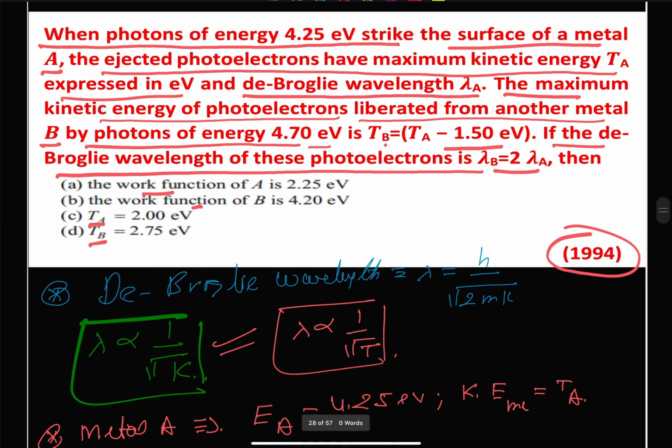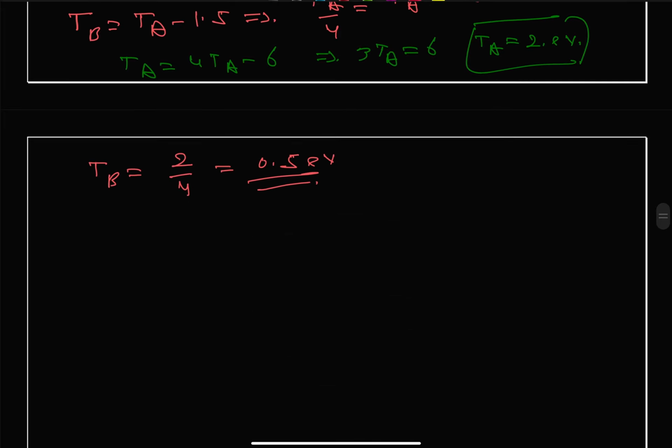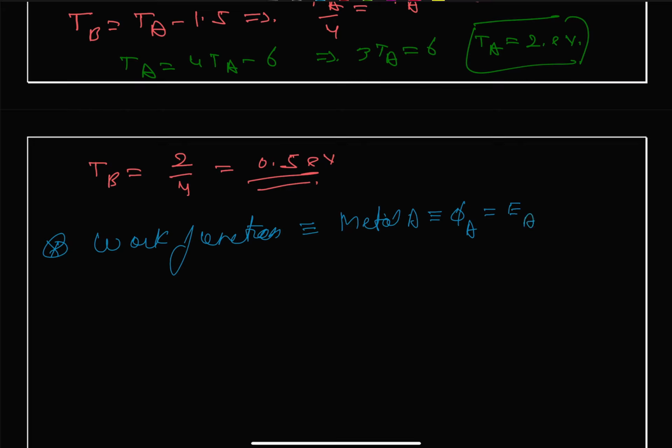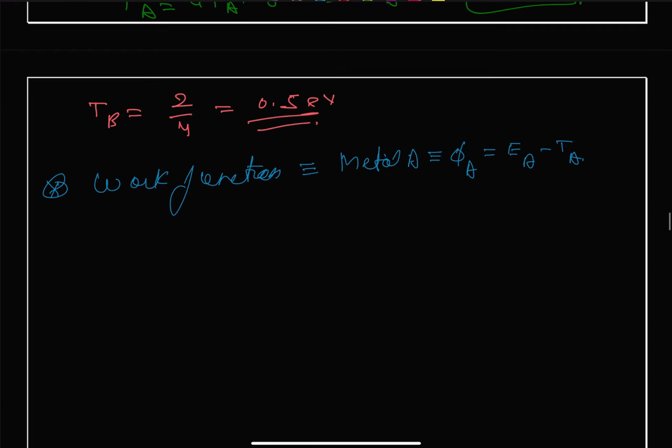And we are supposed to find out the work function. We also know the kinetic energy as well as the photon energy. So we can say work function for metal A, let us suppose phi A, will be equal to energy of photon minus kinetic energy, and we substitute the value.